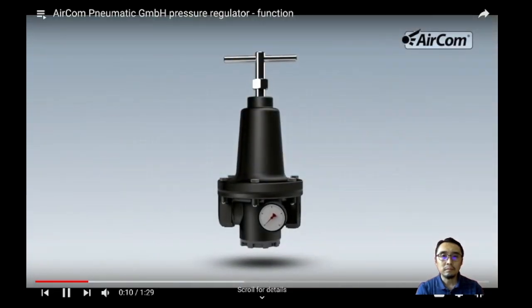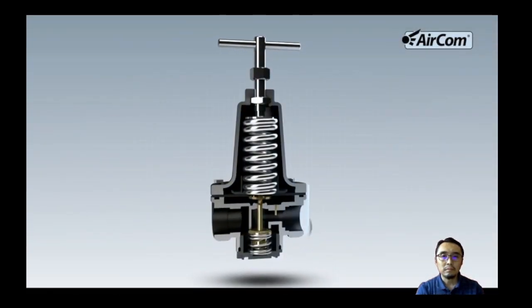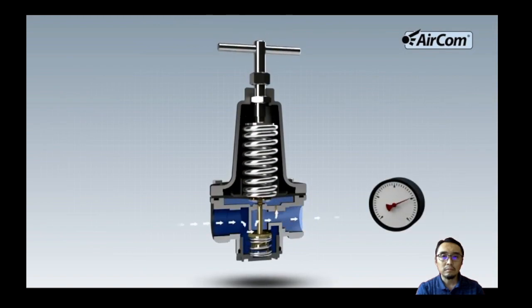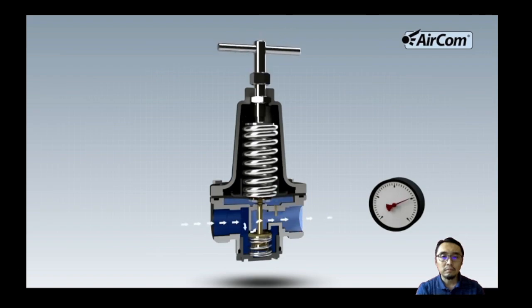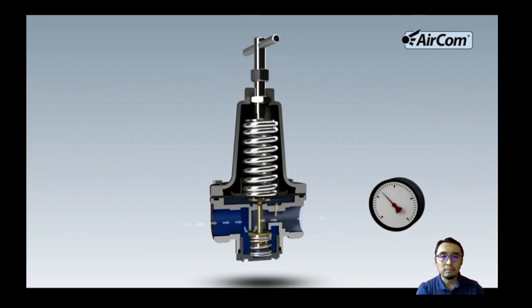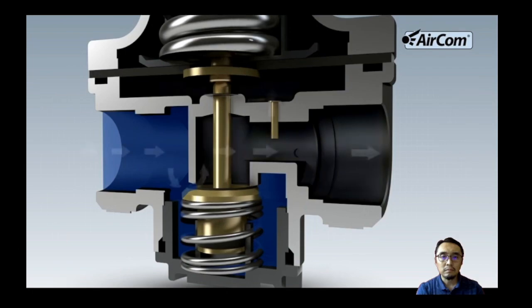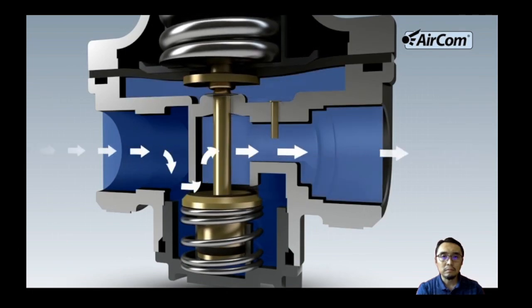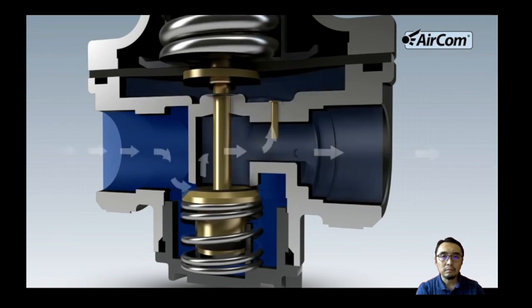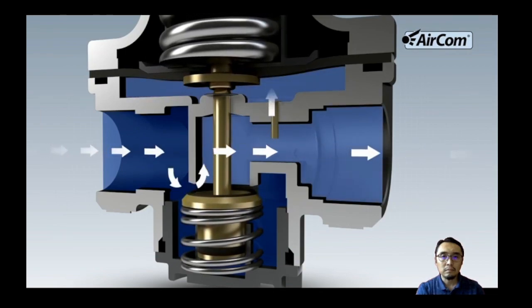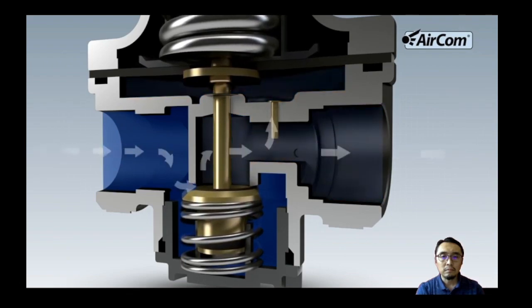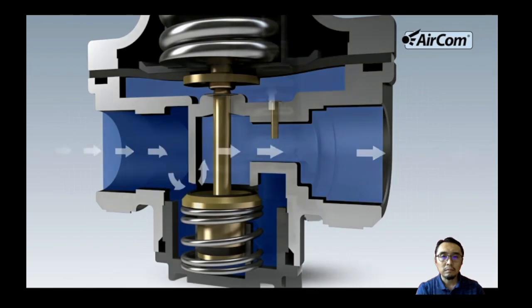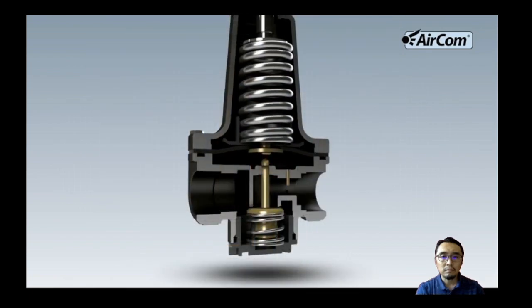Function of a pressure regulator. On the left side, shown here in dark blue, the input pressure is connected. By turning the adjusting spindle clockwise, the range spring is pre-tensioned. This sets the output pressure, set value. The pressure increase can be seen on the manometer. The regulating tappet is pressed downward and the venting valve is opened. The compressed air flows from the input to the output, shown here in light blue. The output pressure, actual value, arrives underneath the diaphragm via the vent pipe at the output of the regulator.